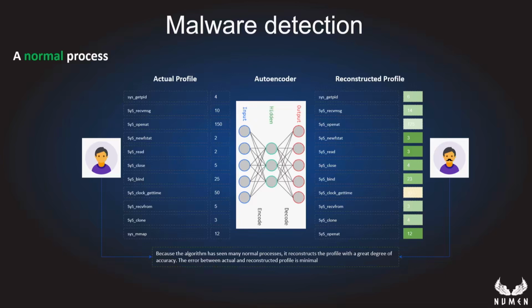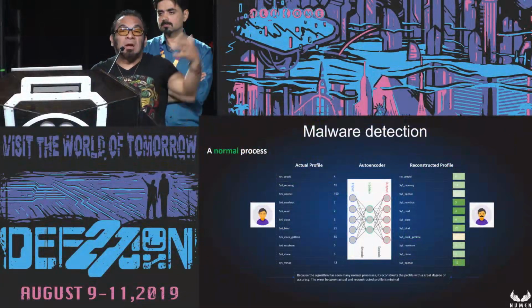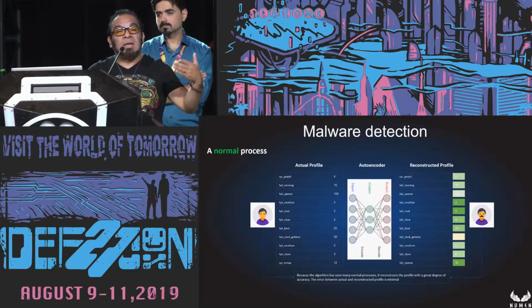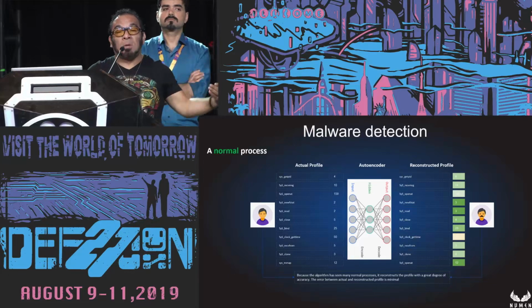Once it learns that, when a process is running in the infotainment, it grabs that profile, the actual profile on the left side, and feeds it into the autoencoder. The autoencoder then creates a new profile based on its learning experience. If the similarity between the reconstructed profile and the actual profile running in the device has really low error, which means it is very similar, then we know we are dealing with a benign process.